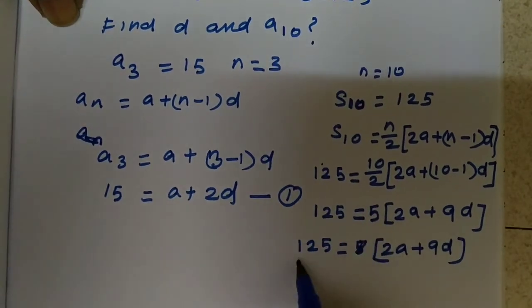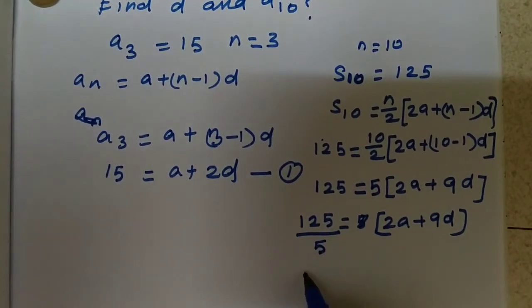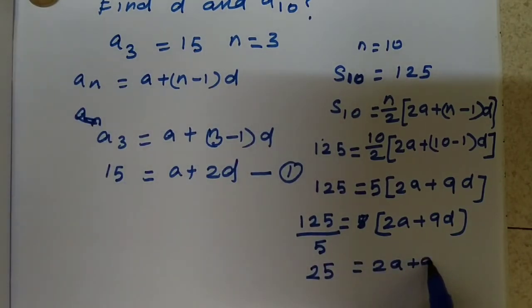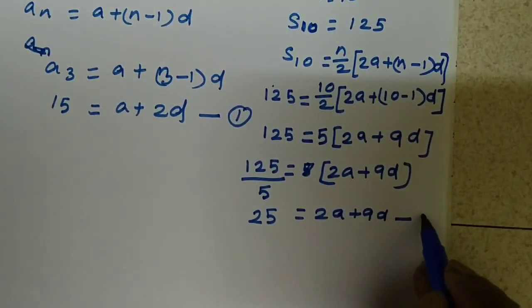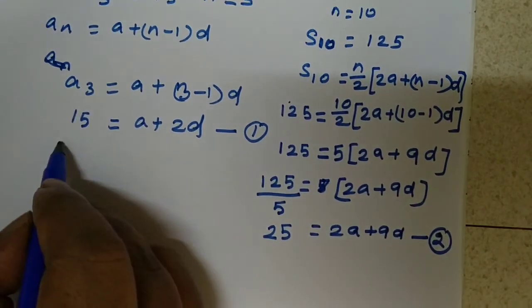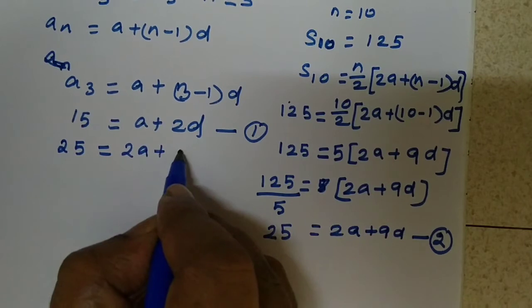Taking 5 to the other side of the equation, this will go to the denominator. So 125 by 5 is 25. Taking this as equation number 2, 25 is equal to 2a plus 9d.